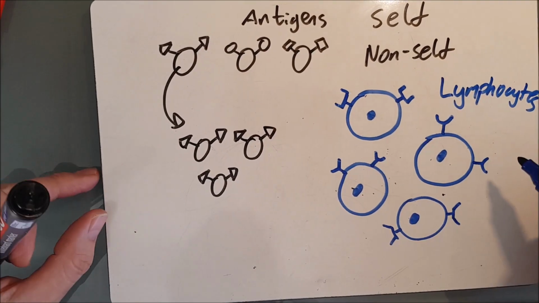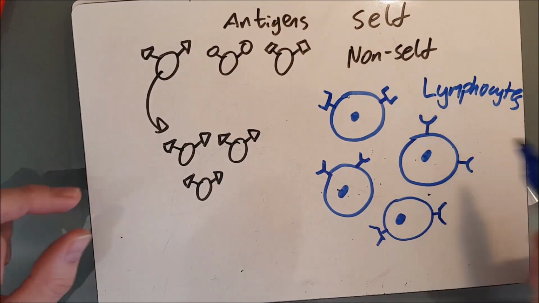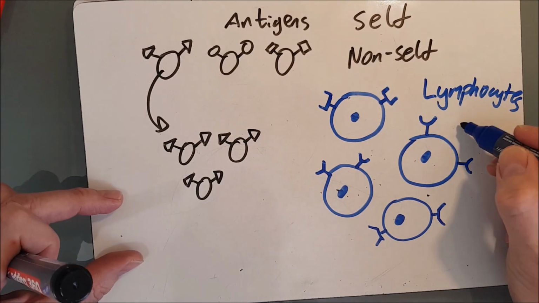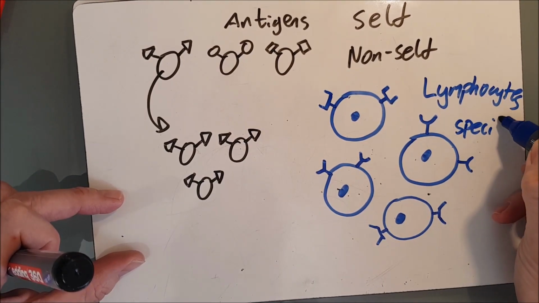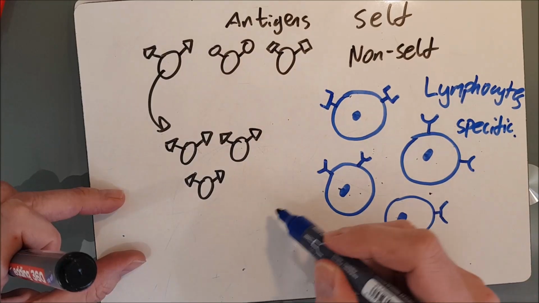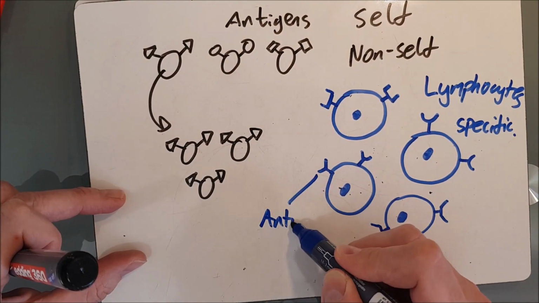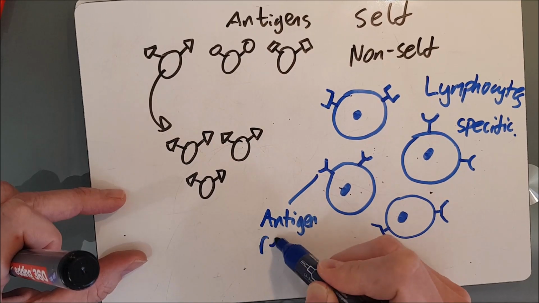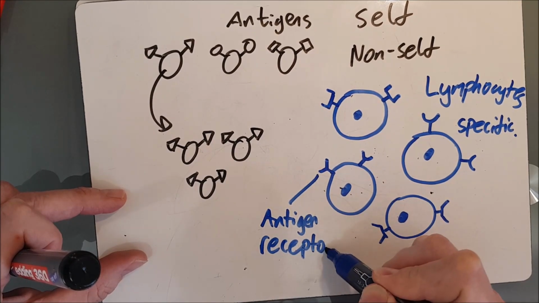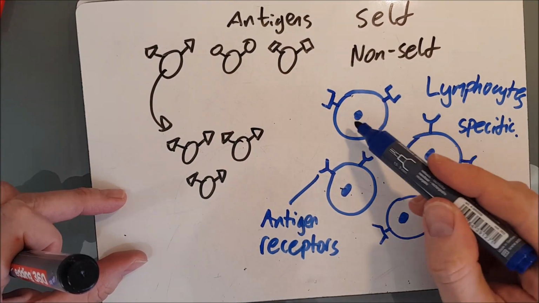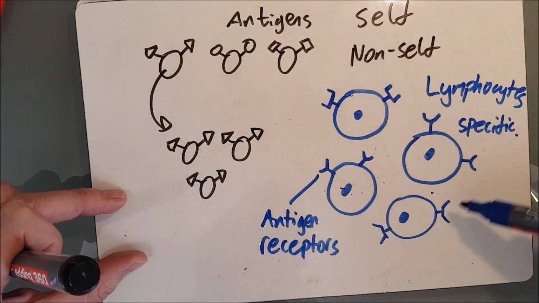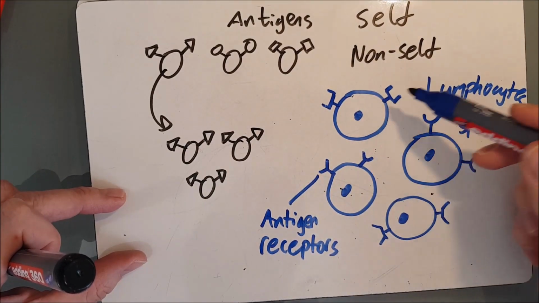And they mature inside your lymph glands, hence why they're called lymphocytes. And these are specific. They recognize specific antigens, so they have antigen receptors. So you can see we've got a number here. You've got thousands, millions of different ones.